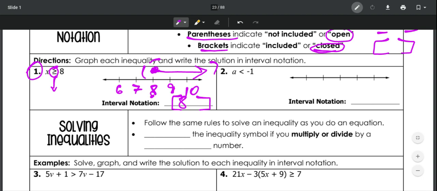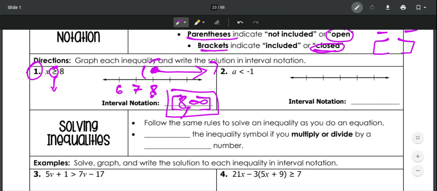If we're reading left to right like a sentence, you read the graph the same way. If you start from left to right, you come to the 8 first, so that's our first number. Then we need everything greater than that up to infinity. So it's just going to be 8 to infinity, just like that. I'll erase this so that you can actually see that. That's our answer, and that's how it would look in interval notation.